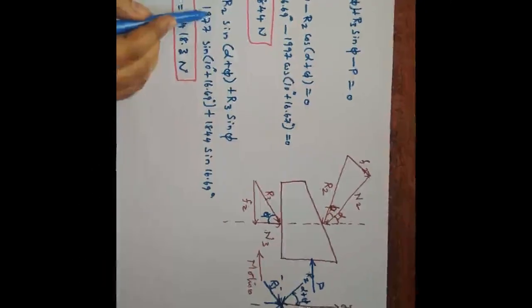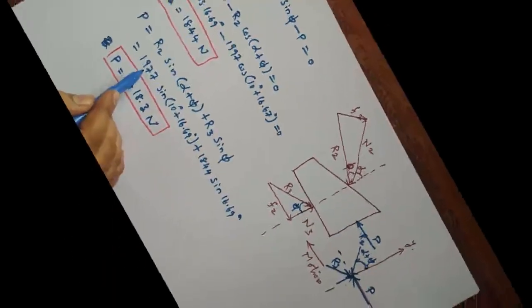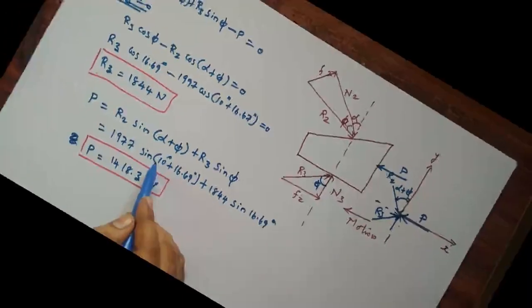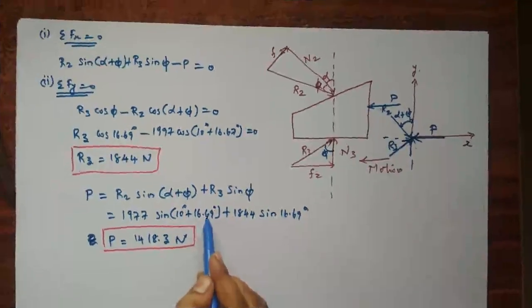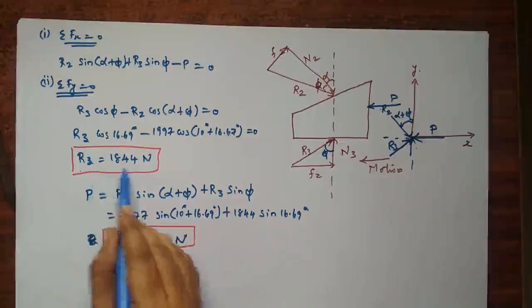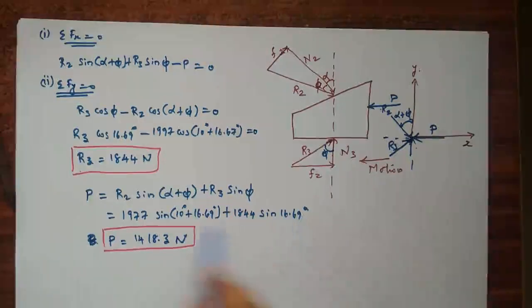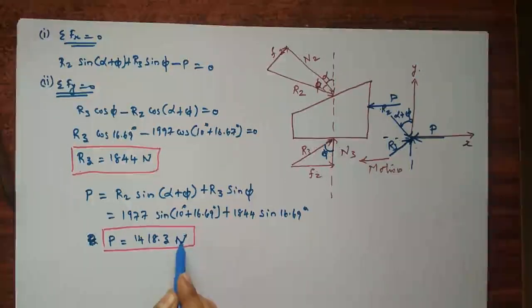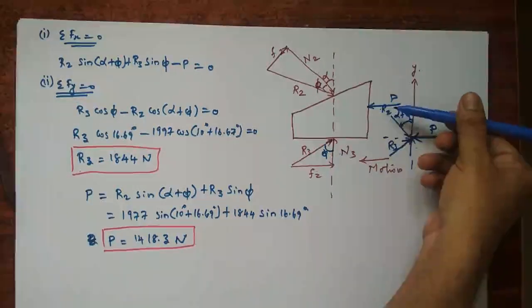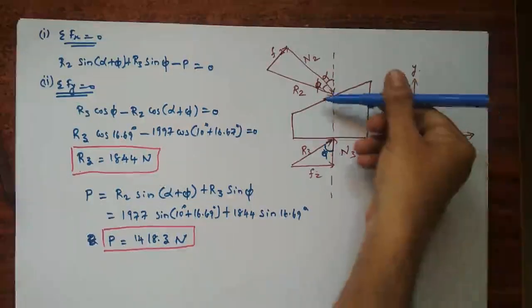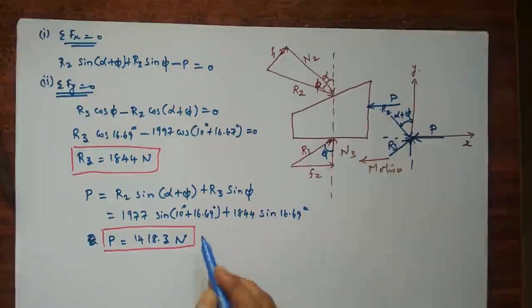We have calculated already the R2 value, 1997 sin 10 degree alpha plus 16.69 degree phi plus R3 1844 sin 16.69 degree. I am solving this equation. I got P value which is equal to 1418.3 Newton. So this is the required minimum force to pull the wedge so that the object will move in the upward direction.